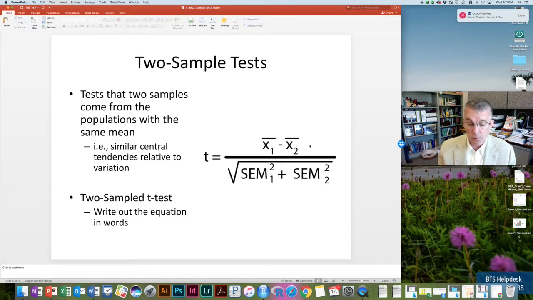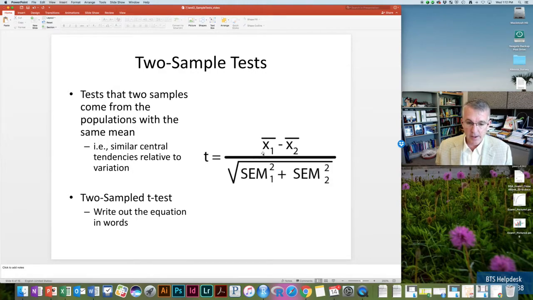Similar to our other tests, what we are doing is comparing the central tendencies relative to the variation. So when we look at the equation for a t-test, we're calculating a t-statistic. As a reminder, we calculate the test stat relative to the degrees of freedom. That gives us our p-value.